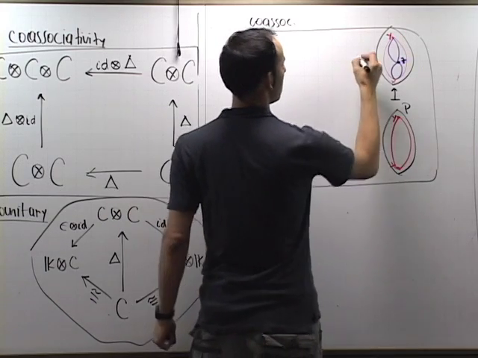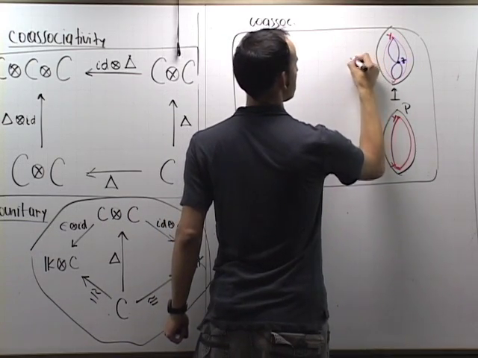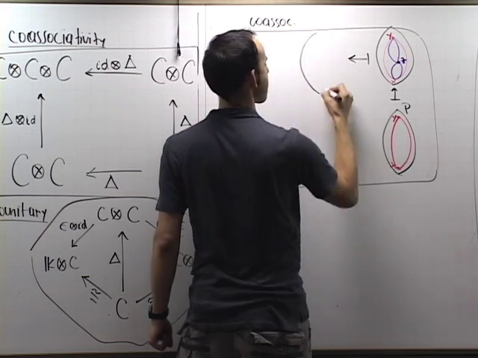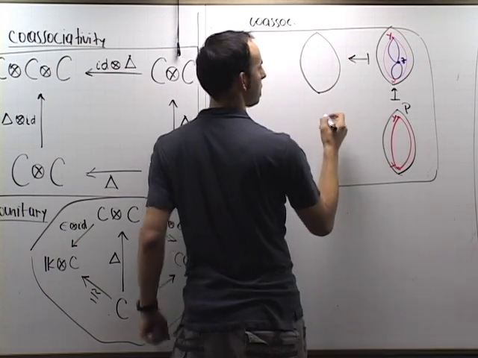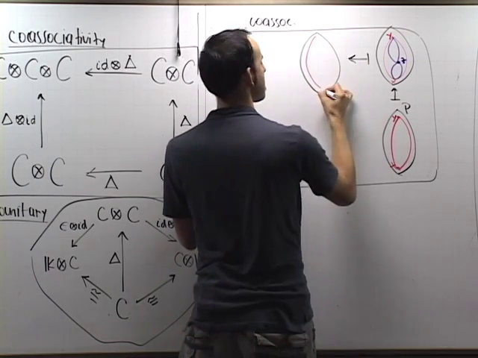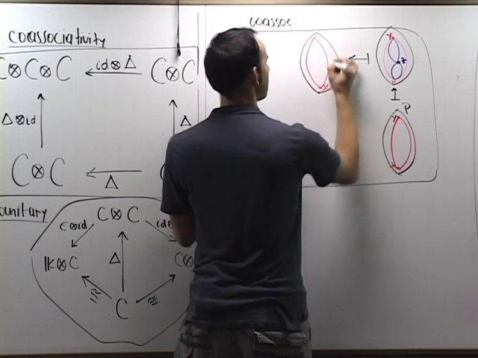Now let's see who this maps to. So here's x, here's y.